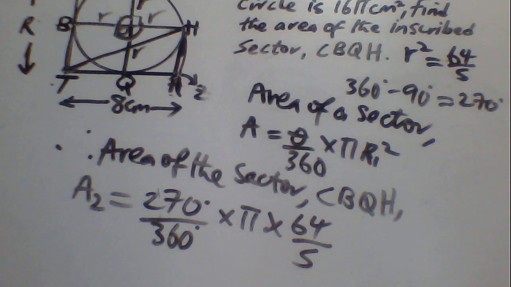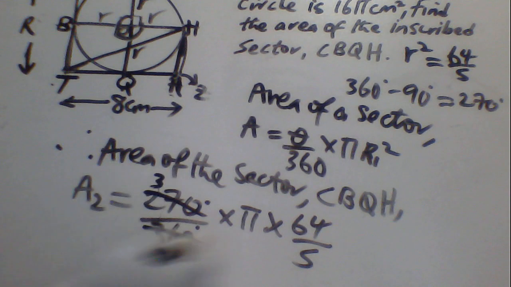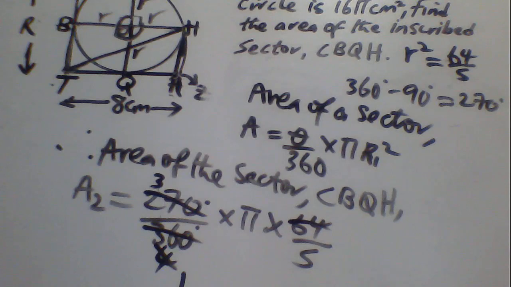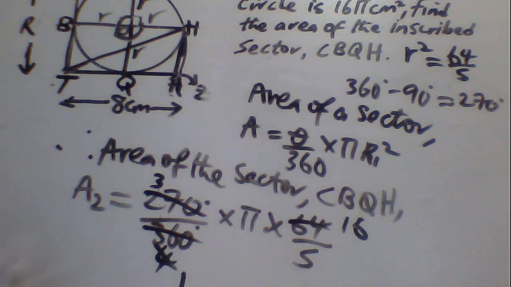So simplify the numerical expression. Here 90 divided into this will give us 3. 90 divided into this will give us 4. 4 divided by itself is 1. 64 divided by 4 will give us 16, because 6 divided by 4 is 1 carry 2. Put it in front of 4 to give us 24. 24 divided by 4 will give us 6.